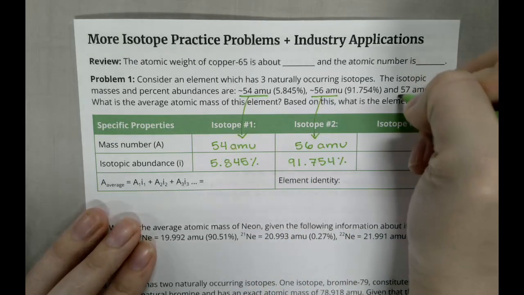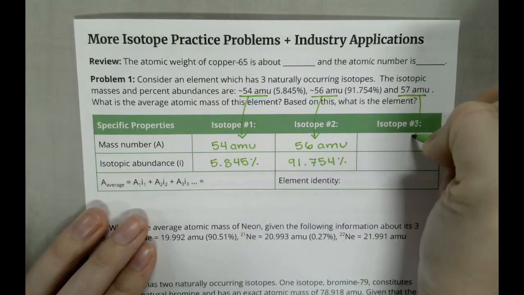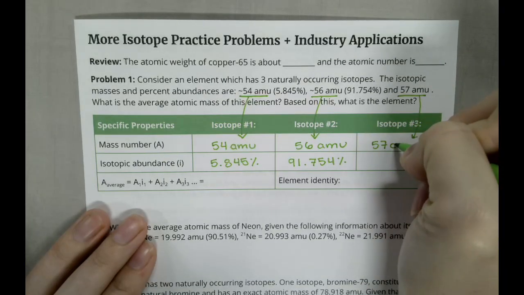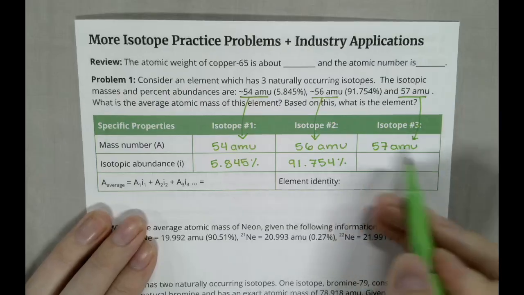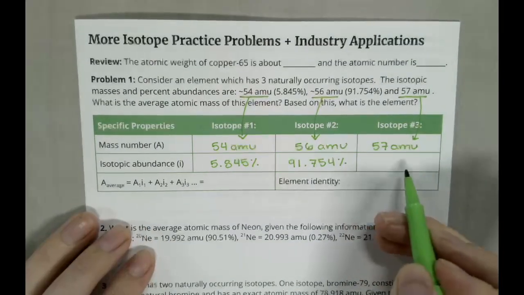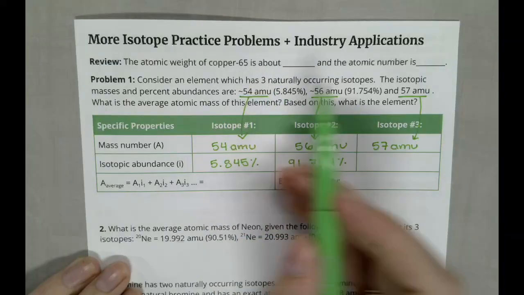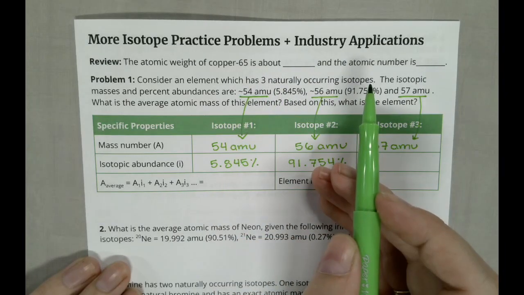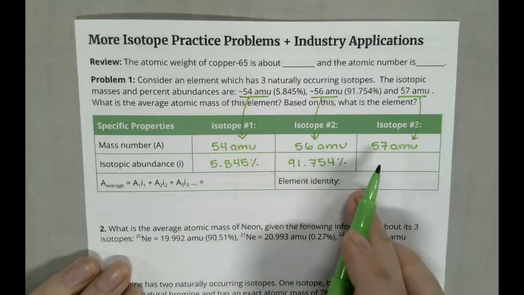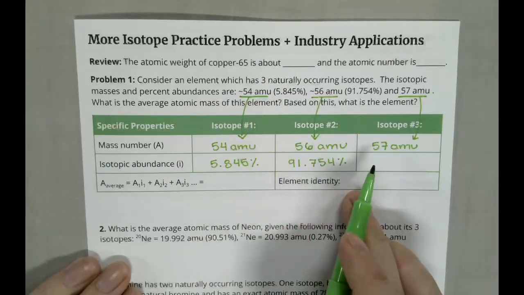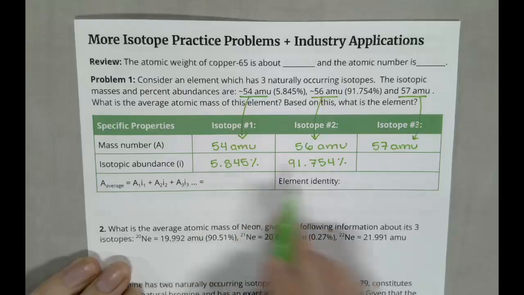Now, for our third isotope, we do have the mass, 57 AMUs, but it doesn't give us the percent abundance. But since it only has 3 naturally occurring isotopes, we know that these 3 numbers should add up to 100%, because that would make up 100% of the isotopes we're seeing in nature.